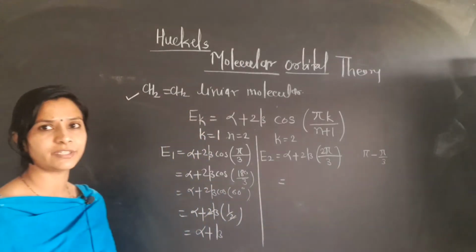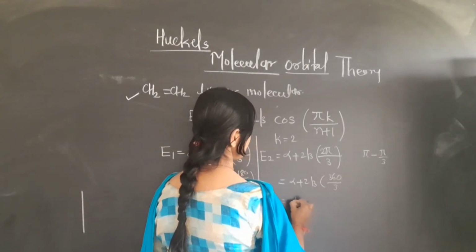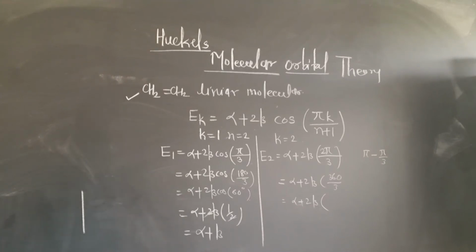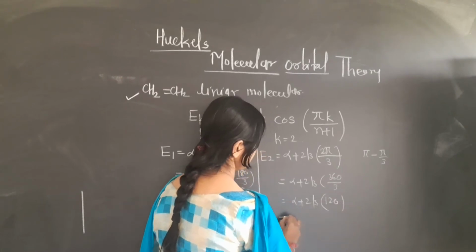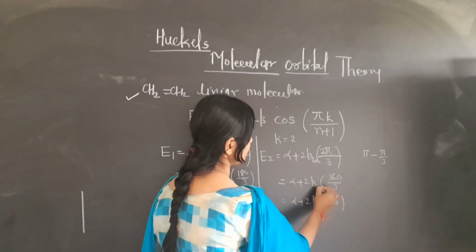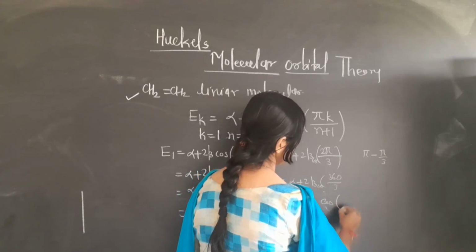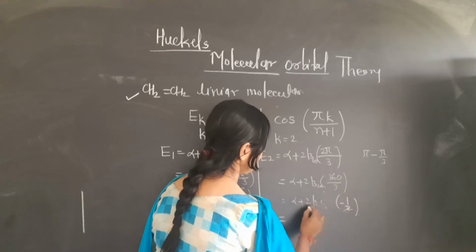This is also one of the conversions, and another conversion is 360 by 3, which is 120 degrees. Substituting cos here, pi minus pi by 3, you will get the value of cos as minus 1 by 2, with the remaining terms, and the 2 will cancel.